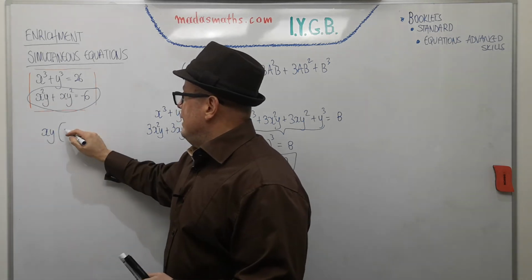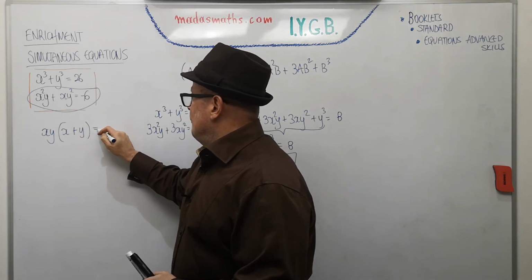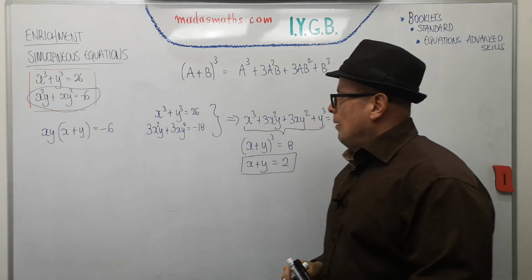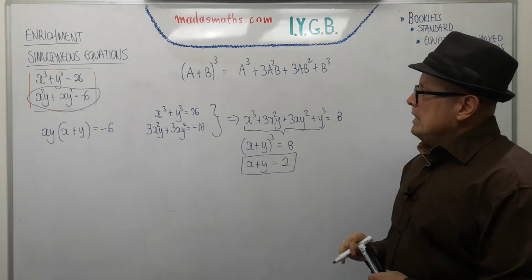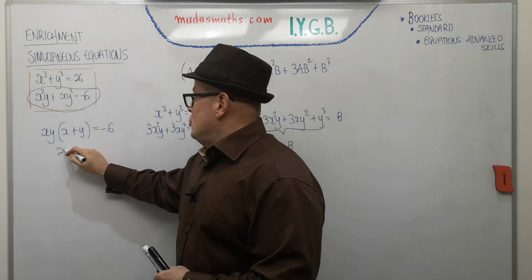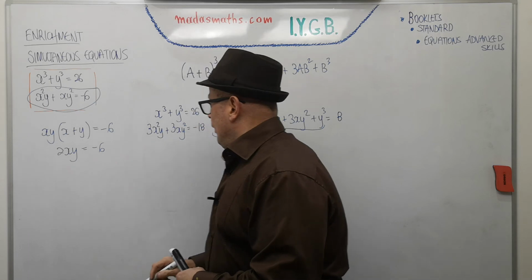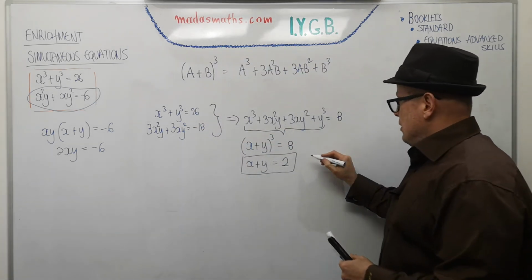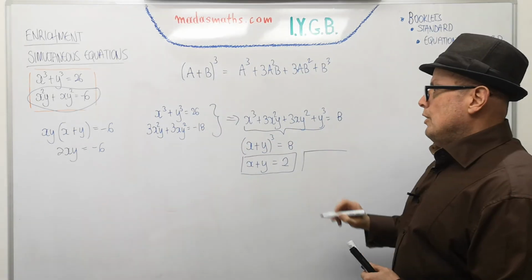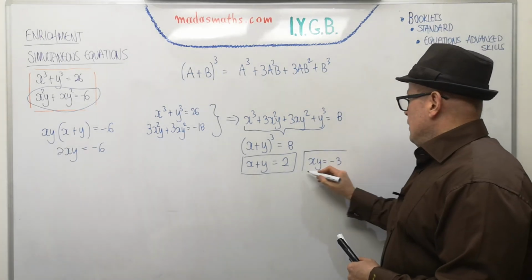It will leave us inside there x from the first term and y from the second term is equal to minus 6. But of course my x plus y is equal to 2. So this can reduce to 2xy is equal to minus 6. And I have another equation here. And the other equation should say xy is equal to minus 3.